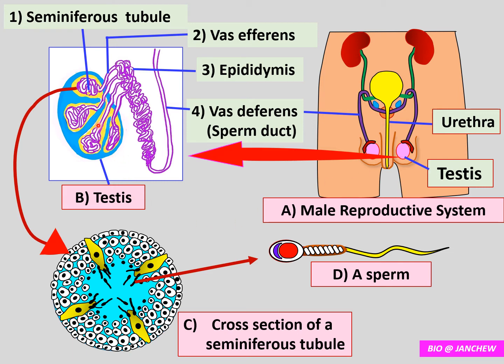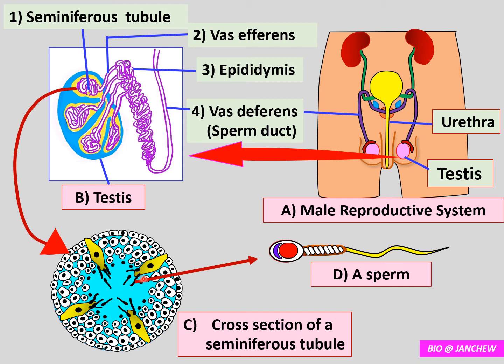So now let's look at a cross section of one seminiferous tubule, because we are going to discuss the stages in the formation of a sperm. If you cut through one of these seminiferous tubules, you will see that it has a few layers of cells at the walls, and then a cavity, and in the cavity you can see some of the sperms that are formed.